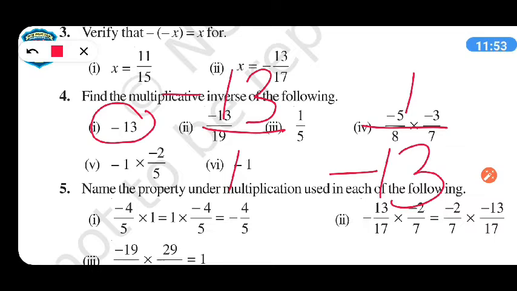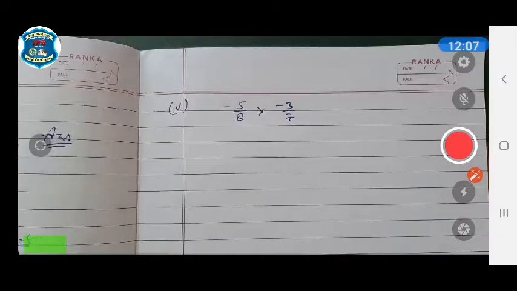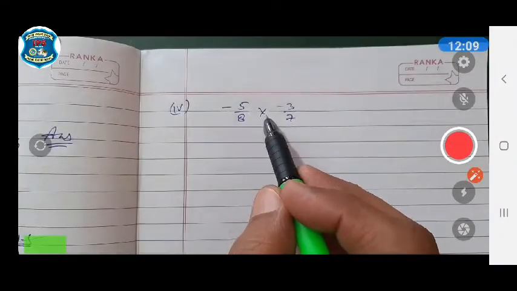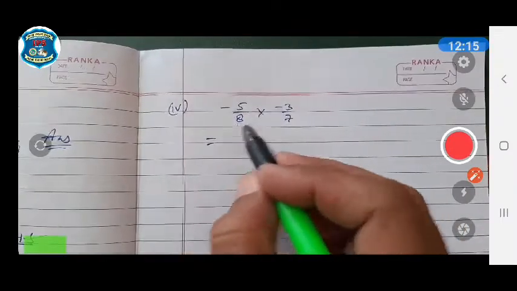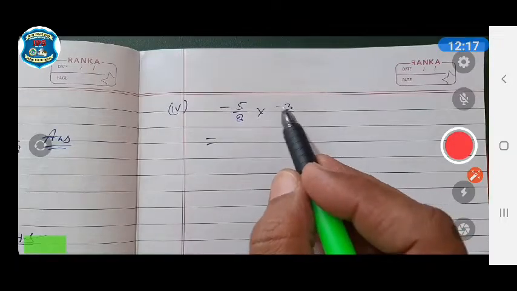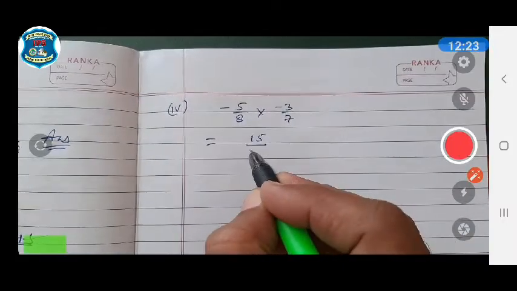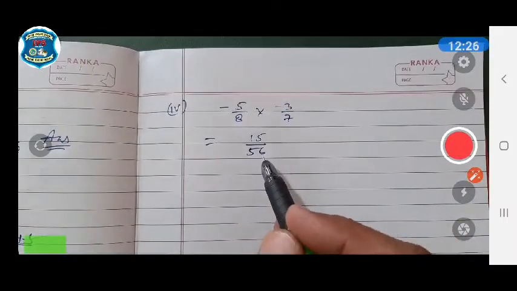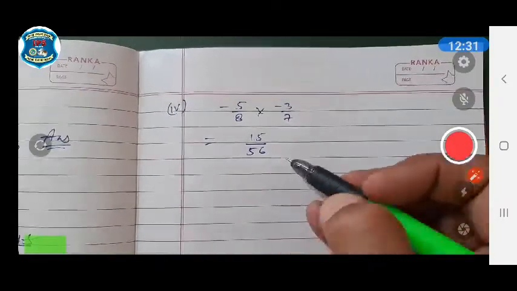Understood? So this is the reciprocal. You can do it. Let us see the fourth part. Fourth part is minus 5 upon 8 multiply minus 3 upon 7. First we have to solve this value, right? It is minus 5 into minus 3. 3 5 is 15, and minus minus is plus, upon 8 7 is 56. Actually the value is 15 upon 56. Now we have to check what is the reciprocal or multiplicative inverse.